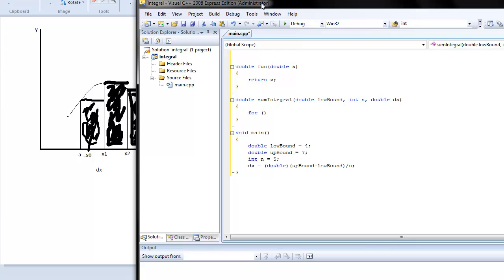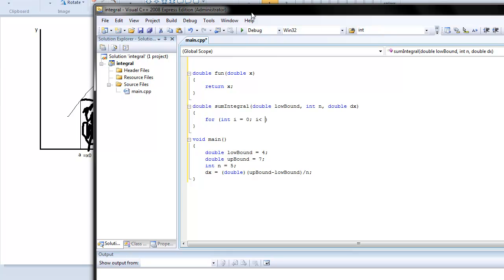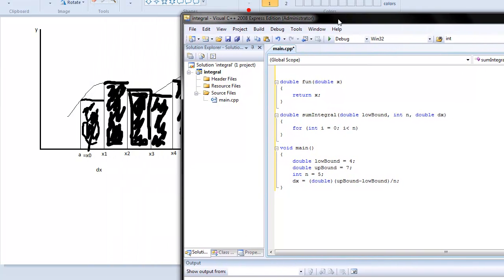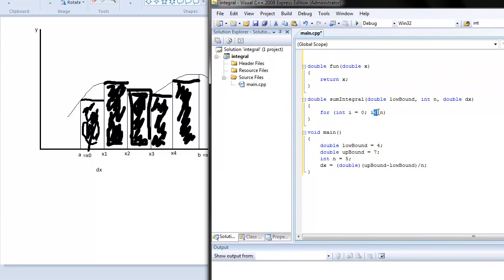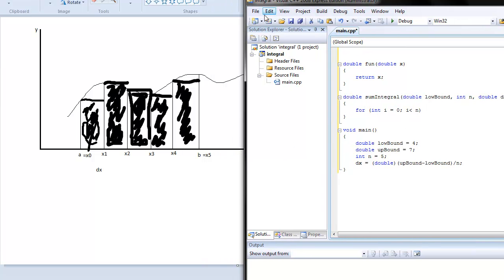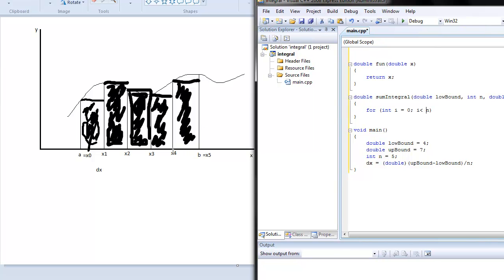So for integer i starting at 0, okay, because the first point is x0 actually, i is less than the number of intervals n. It's going to be like this because n is not included here, because the last one we sum starts at x4.